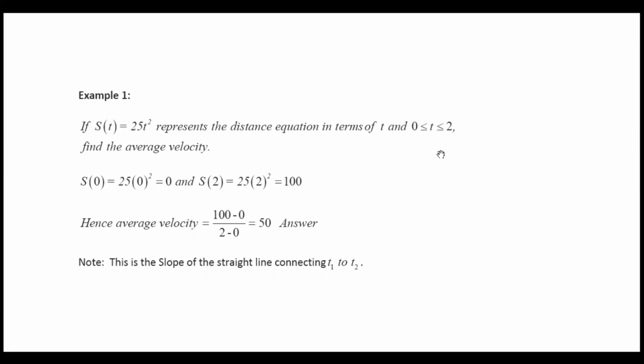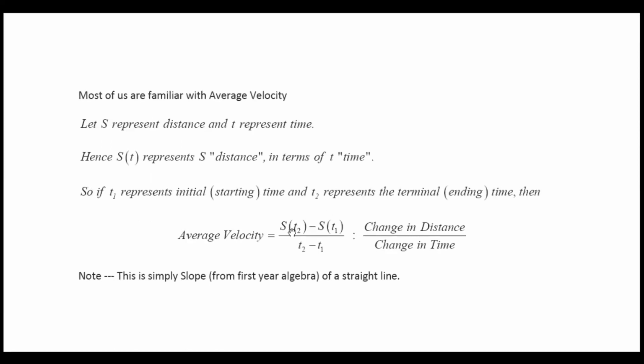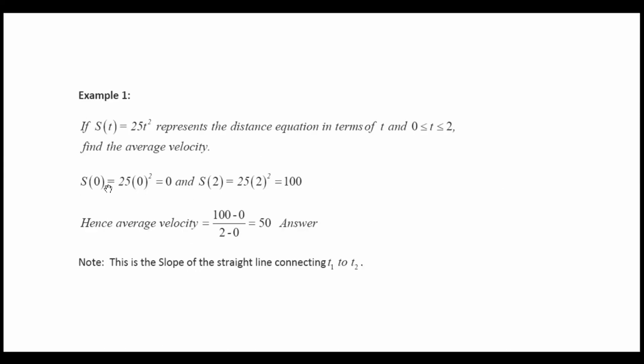And so we want to find the average velocity. This is just a simple problem. We use that equation we just had, S of t sub 2 minus S of t sub 1 over t sub 2 minus t sub 1. So S of 2 is 100. In other words, you put 2 in for t, you square it, you get 4 times 25 is 100.